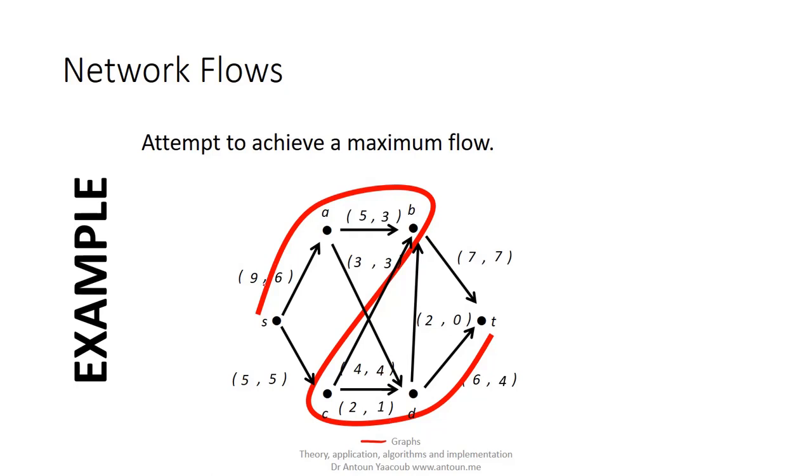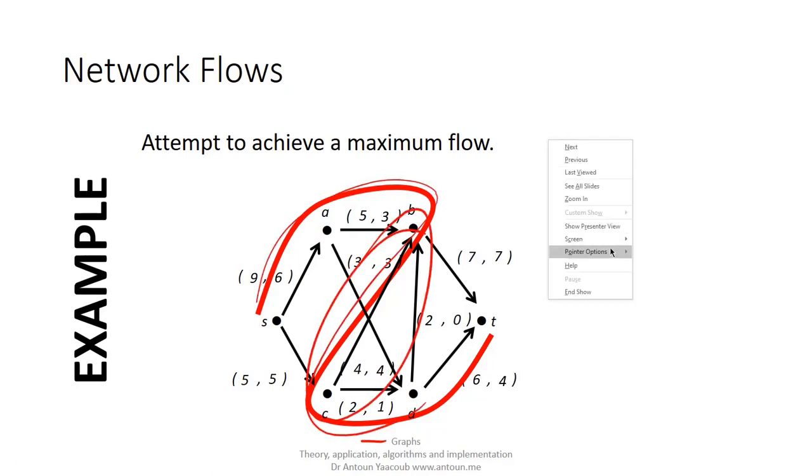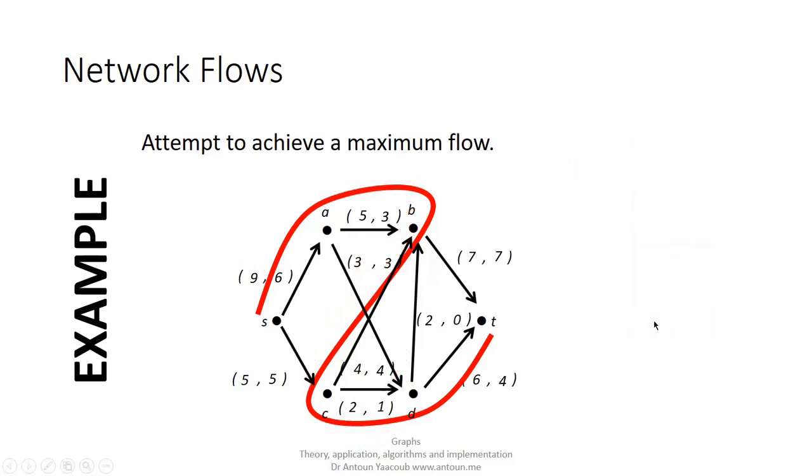We have here a semi-path with one of the arcs in the opposite direction. We calculate the minimum slack, which is equal to 1, and we increase the flow on the forward arcs and decrease it on the reverse arc. So what's the effect of that?